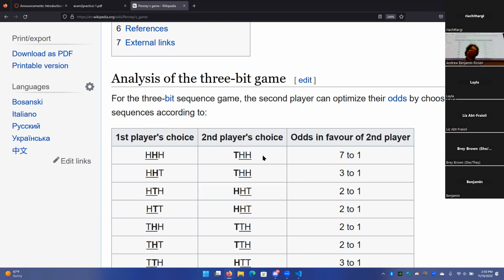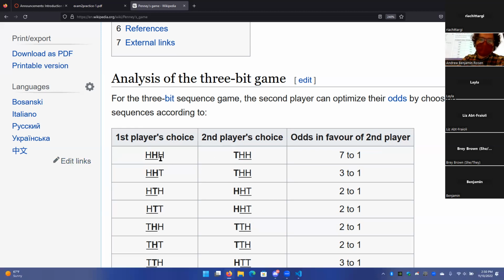Because Player 1 now has to win outright. They have to throw 3 heads in a row. If they don't, there's no way for them to win. As soon as the 1 tail is thrown, that's the start of tail, head, because this sequence contains the beginning of their sequence.